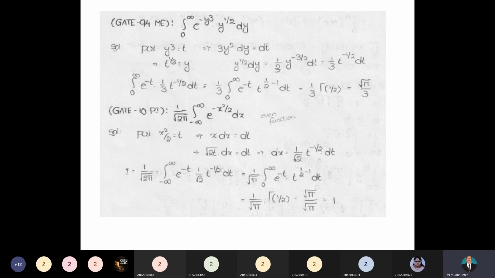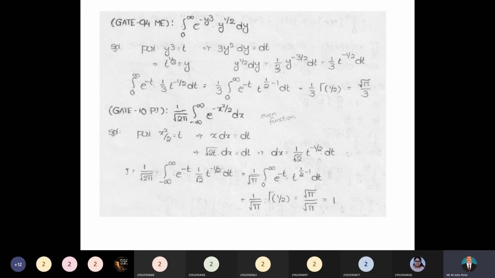A small rearrangement in the step: 3y square dy equals dt. Take the 3 to the right hand side, and break this y square as y power 1 by 2 into y power 3 by 2. Once again, this 3 in 3y square, you can cross multiply, it is converted to 1 by 3. This y square you make as y power 1 by 2 into y power 3 by 2. So the left hand side, keep y power 1 by 2.